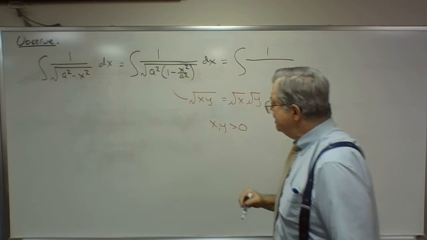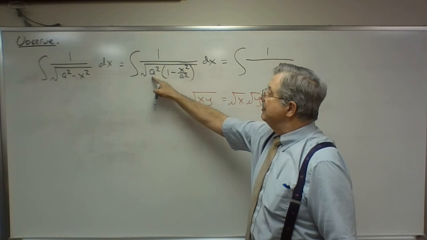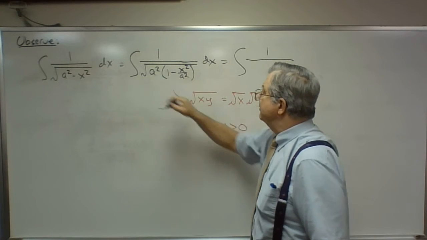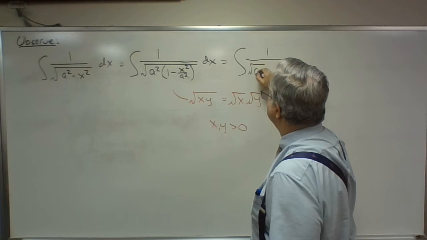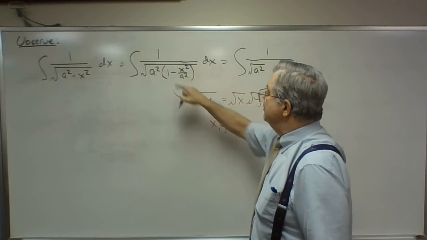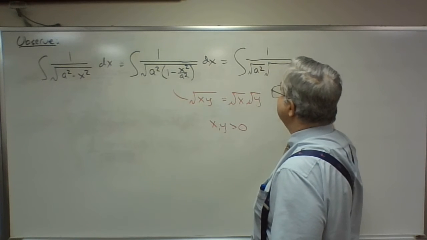So what that means is I can write this as the square root of the first factor times the square root of the second factor.